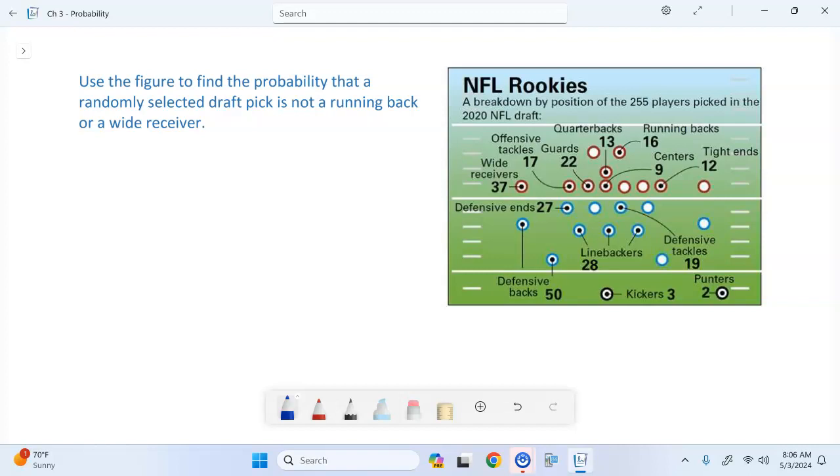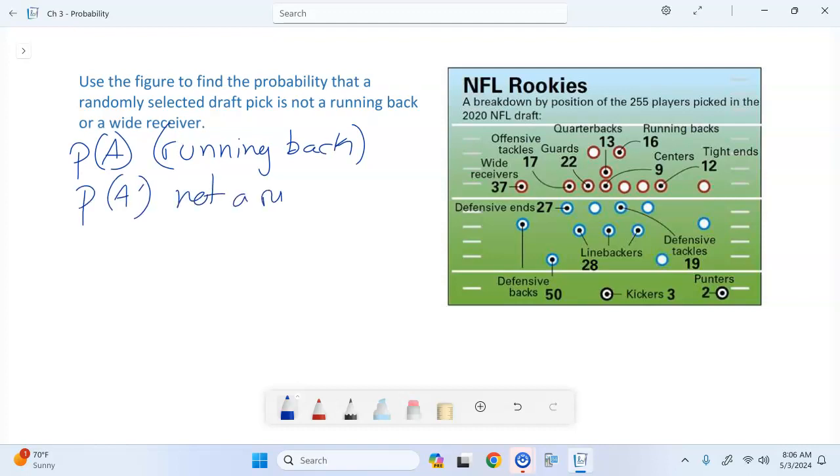So if we're looking at trying to find the probability that a randomly selected draft pick is not a running back or a wide receiver, okay? Probability event A is a running back, so we have the complement being not a running back.